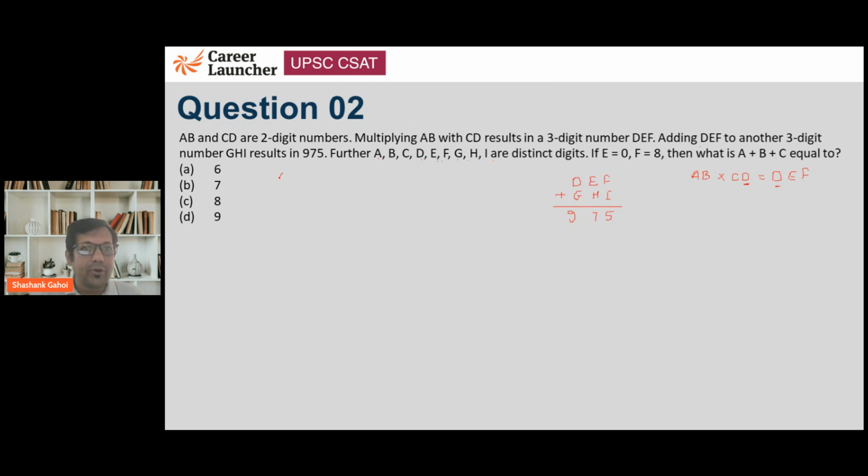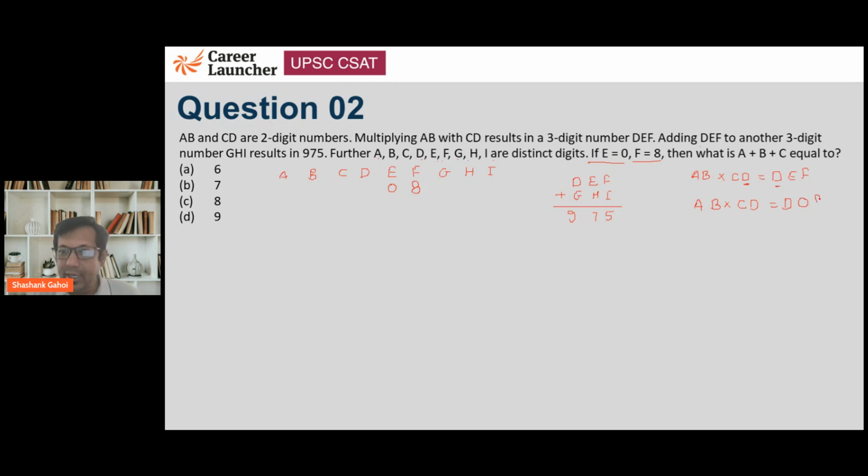So I am going to write A, B, C, D, E, F, G, H, I, and all of them are distinct. Now, a very crucial piece of information given to us is that E is 0 and F is 8.